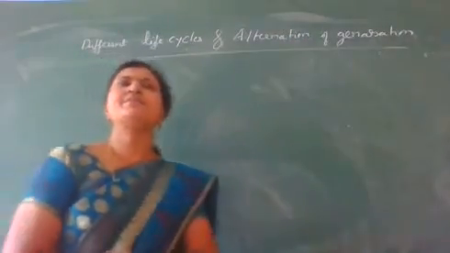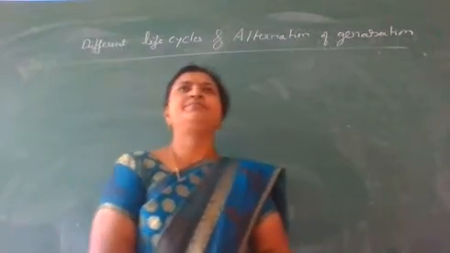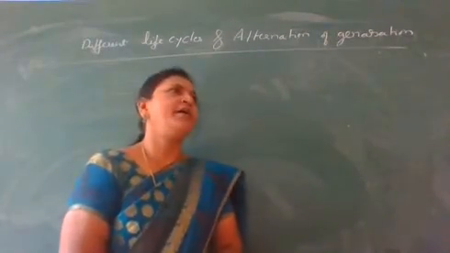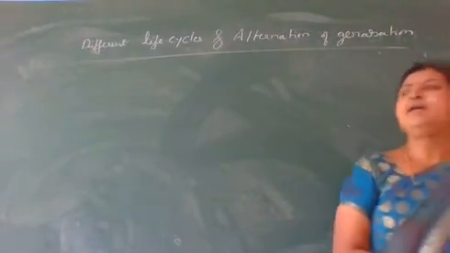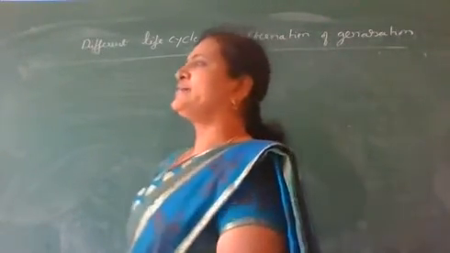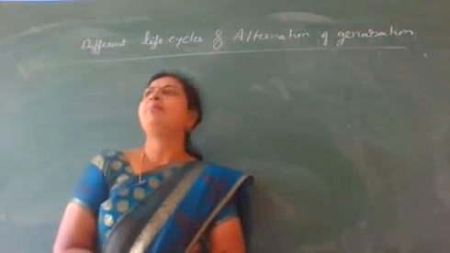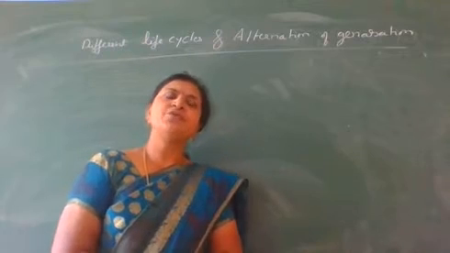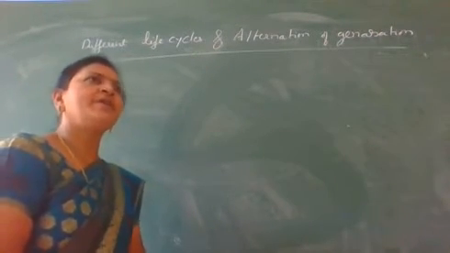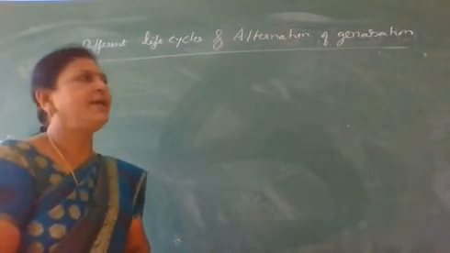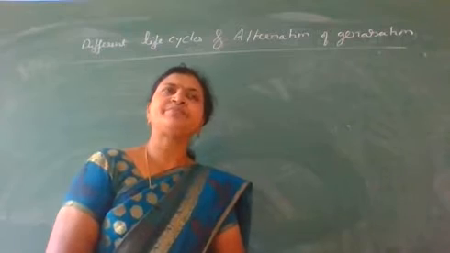So in plants, each and every cell, it may be a haploid cell or it may be a diploid cell, that undergoes mitosis. So it may be haploid or diploid that undergoes a cell division called mitosis.